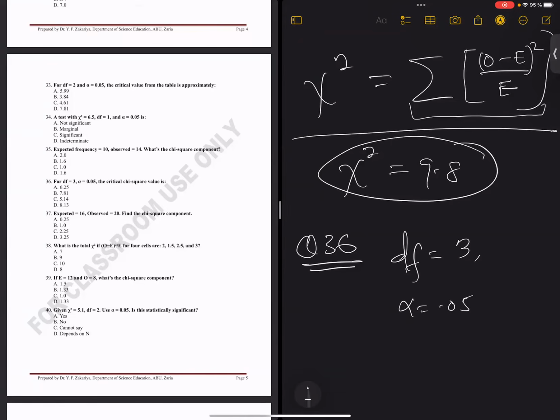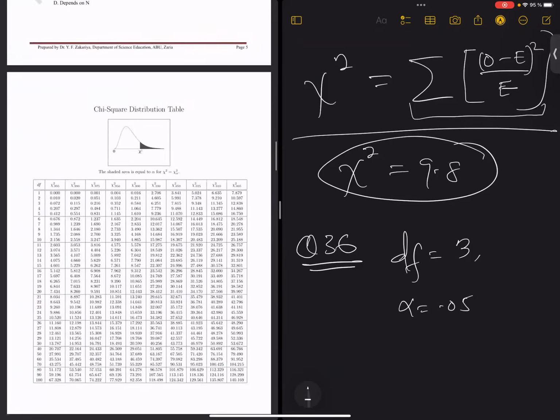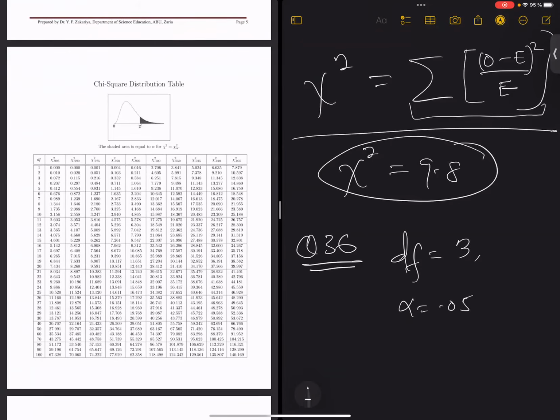The critical chi-square value must be indicated. So we need to check the chi-square value table. I think I attached it here for simplicity. To check this, we look at the critical value column of 0.05. Look at it here, from the end, 1, 2, 3.